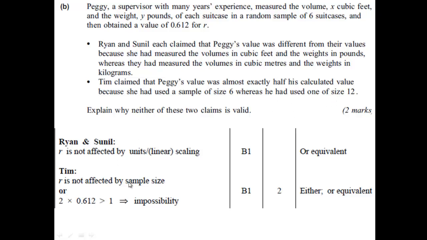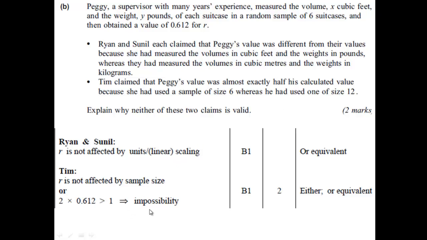So here's the mark scheme, and you can see there's again 2 B marks, one for understanding that the units are insignificant. It doesn't matter whether we measure in cubic feet and pounds or in cubic meters and kilograms, we get the same product moment correlation coefficient. And similarly, the sample size doesn't affect the product moment correlation coefficient either.